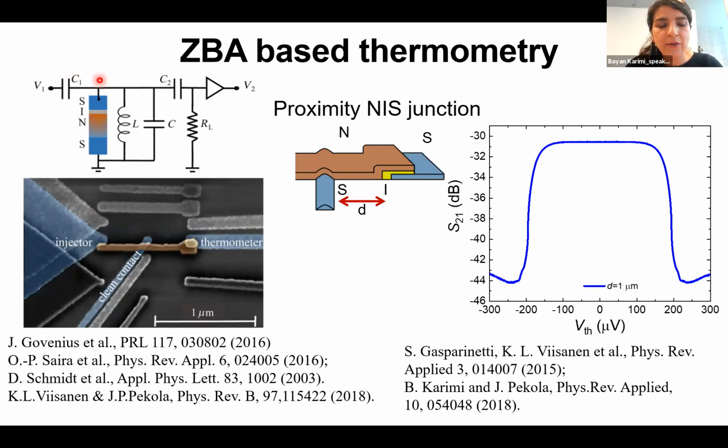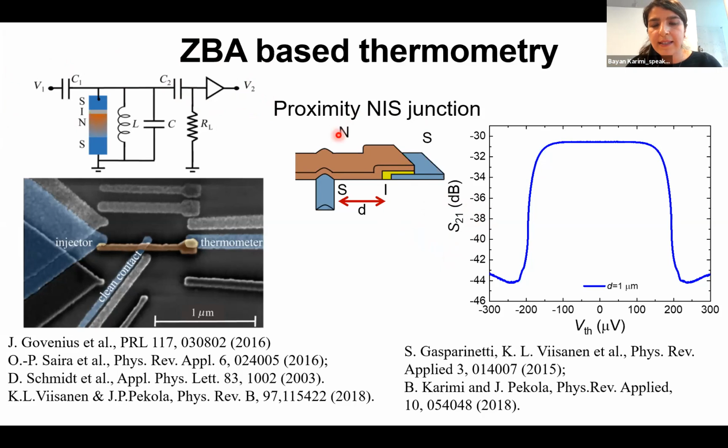As you can see here, this is our structure, and we put it into this LC circuit and try to measure it in the RF setup. If we apply this input, and this is the output, the ratio between the two, output divided by input, is given by this S21, which is proportional to the conductance of the absorber.